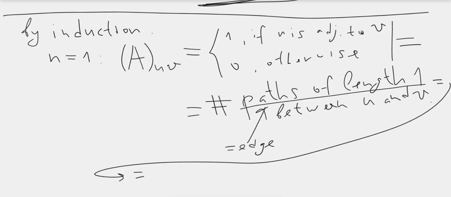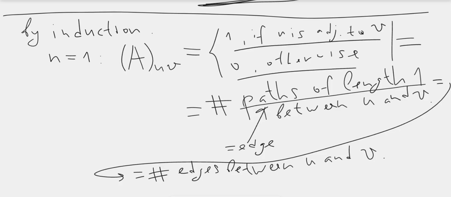So this is equal to the number of edges between u and v. But it's not a multigraph, it's a regular graph, so between u and v either there is an edge or there is no edge. So it's either 1 or 0, depending on whether u and v are adjacent. And this is exactly this. So the base case holds.